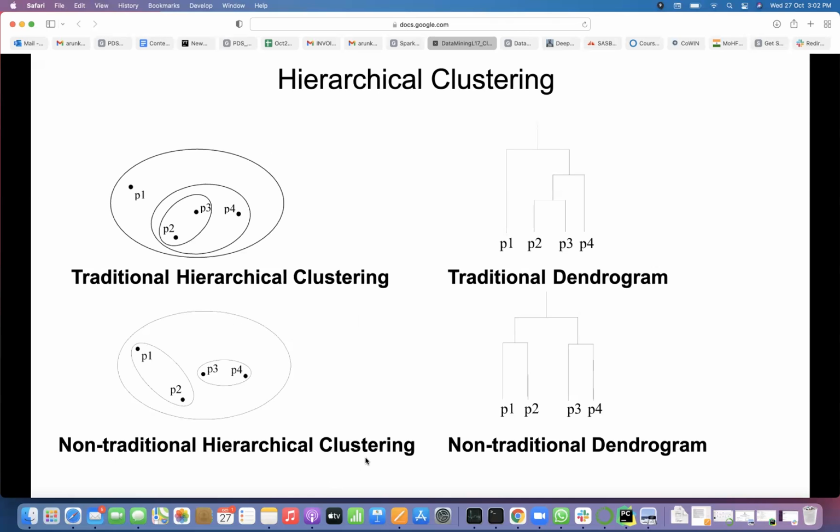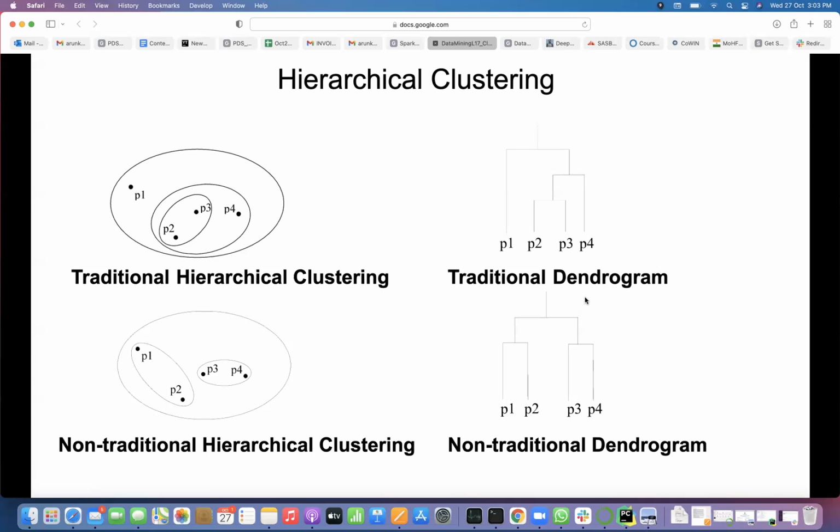Non-traditional hierarchical clustering. There may be distinct groups. In the second one, both have one super cluster, but this is called non-traditional hierarchical clustering. We don't put them in one chain; you may have distinct groups in the same hierarchical clustering.